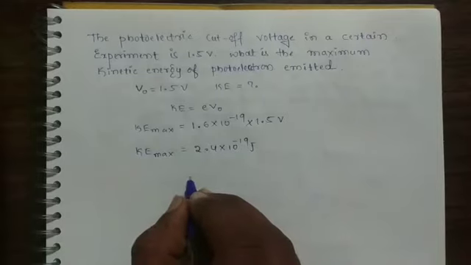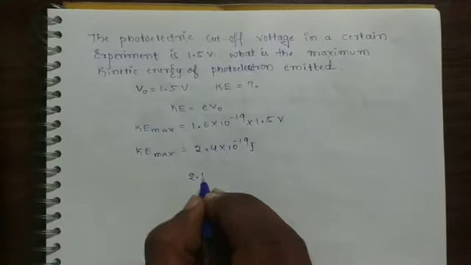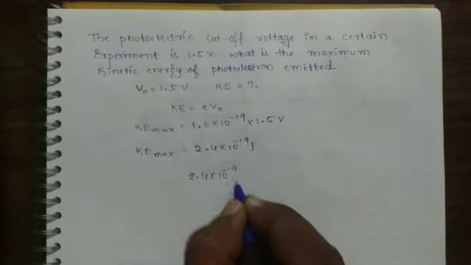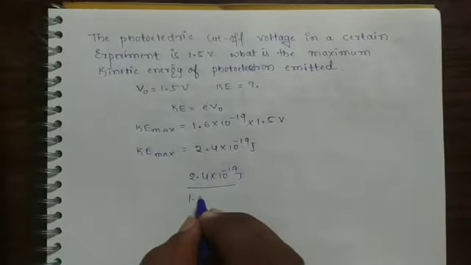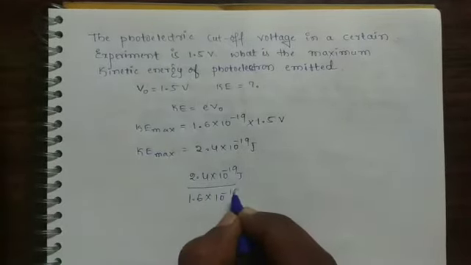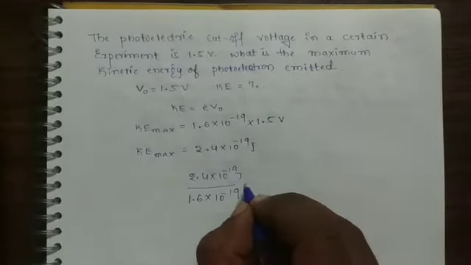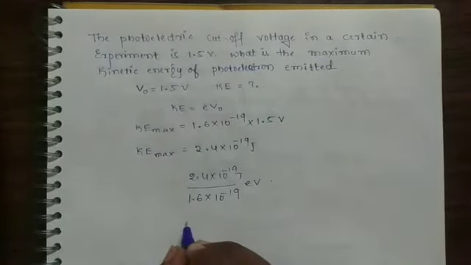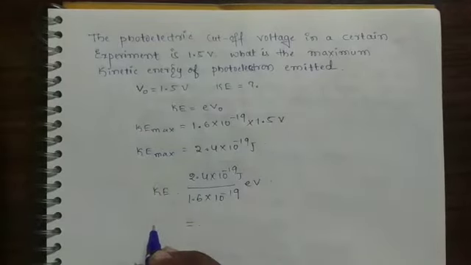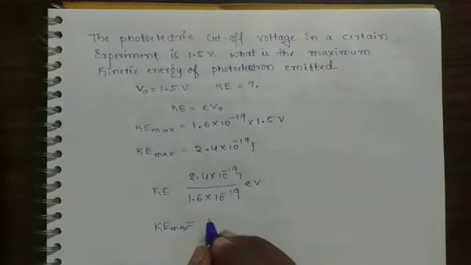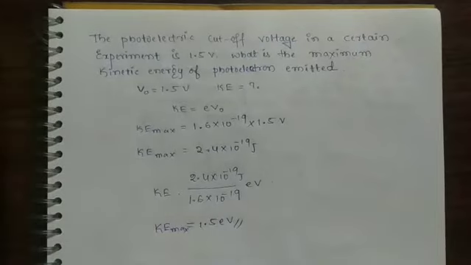So the kinetic energy, 2.4 into 10 power minus 19 joule, divided by 1.6 into 10 power minus 19 coulomb, finally gives the kinetic energy is equal to 1.5 electron volt.